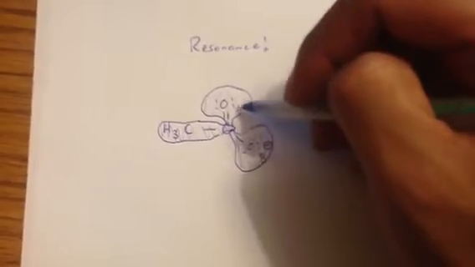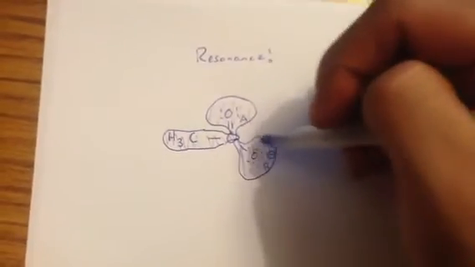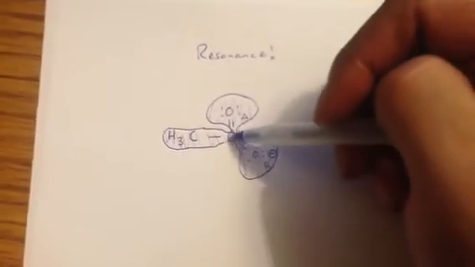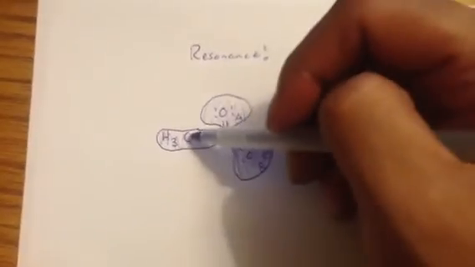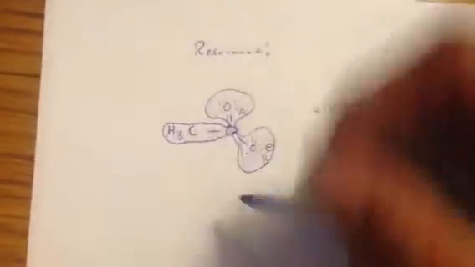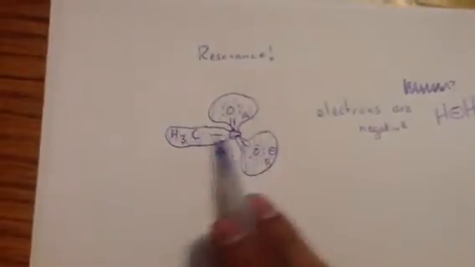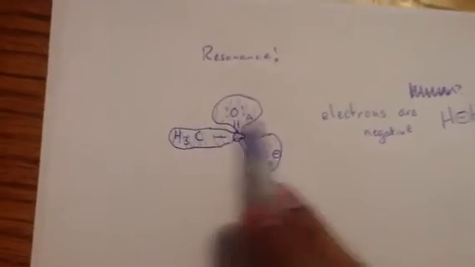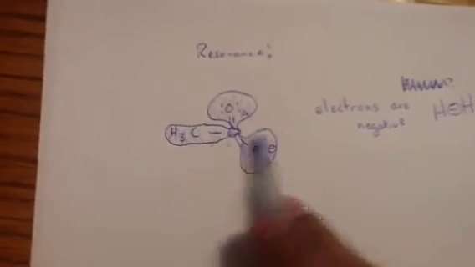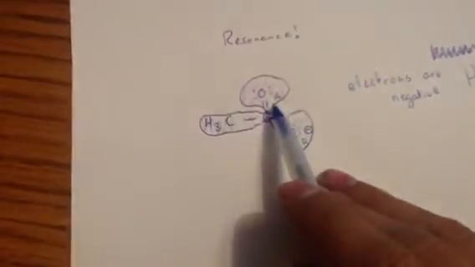But what we find is that in the overall hybrid, these two oxygens are roughly equivalent in the number of electrons they have. And moreover, this carbon over here, for some reason, has fewer electrons than that carbon. And so it's obvious then that this one structure alone is not adequate to describe the overall behavior of this molecule. And thus, we need to talk about it using multiple structures.